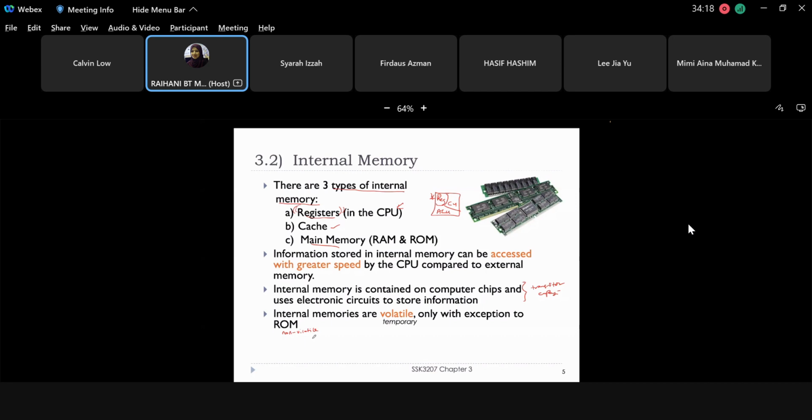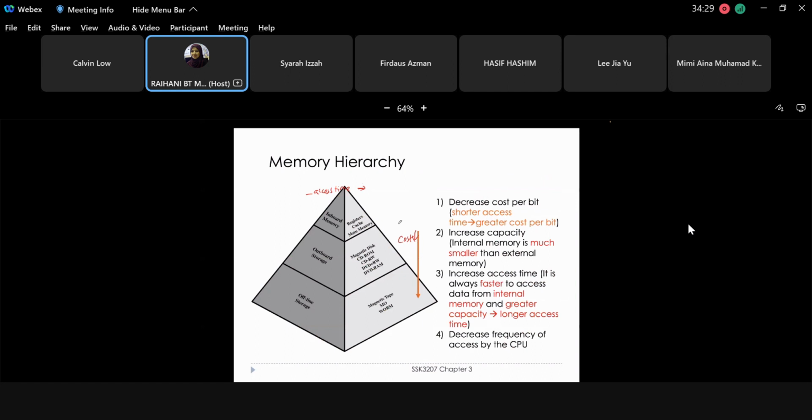Unlike the external hard disk and so on, which are categorized under external storage. CD-ROM is categorized under outboard storage. It also has memory inside.